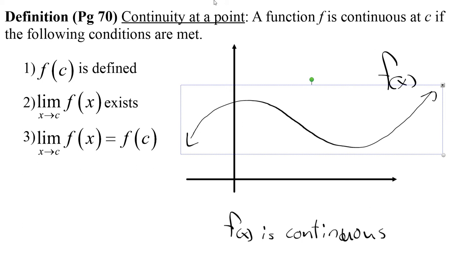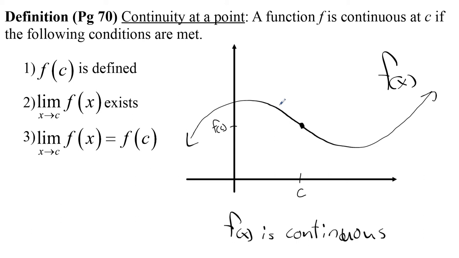But if it's continuous at, say, some point C here, so let's pick a point here and say, okay, there's my C. F of C has to be defined, and clearly we can see that F of C is certainly defined. It's this point right there. There's F of C, whatever that value is. And then the limit of f of x exists as x goes to c.